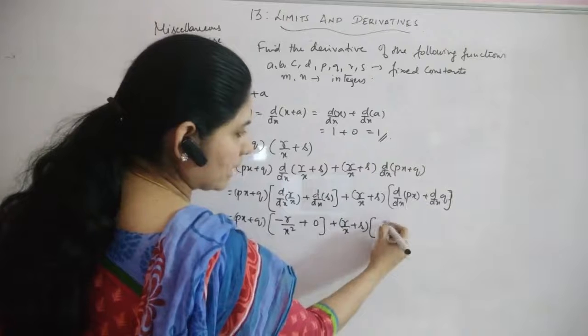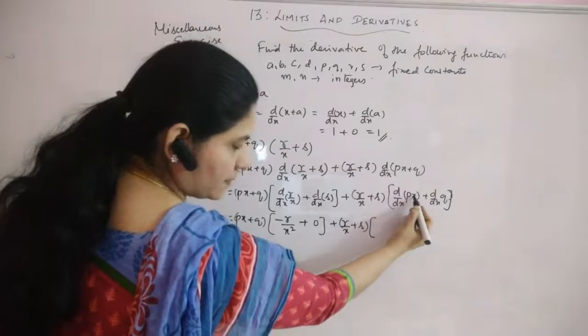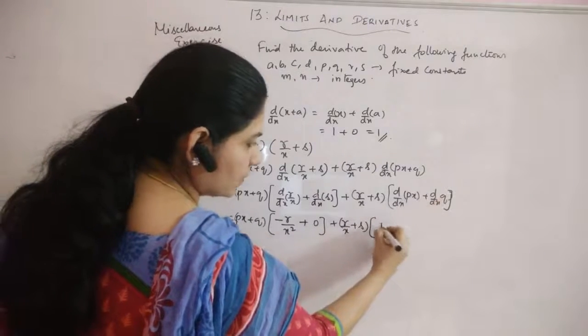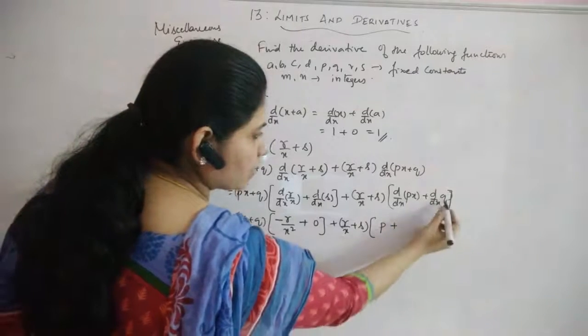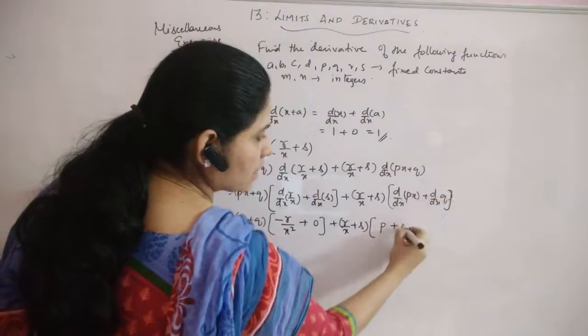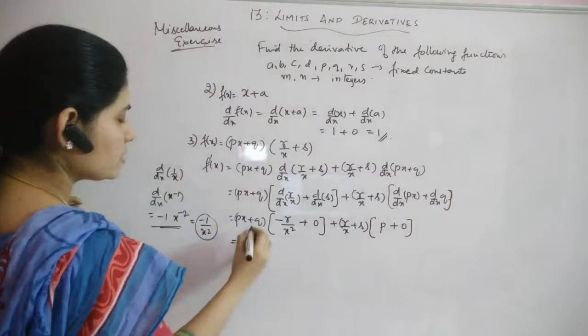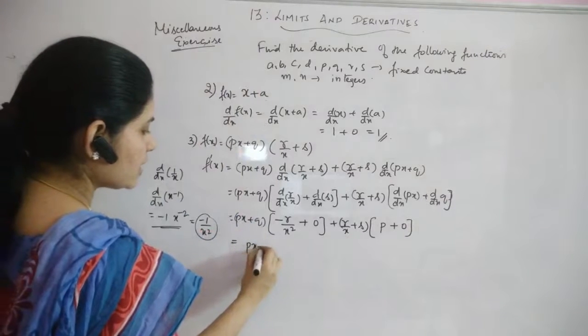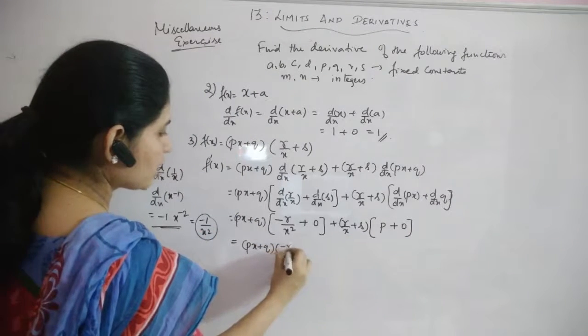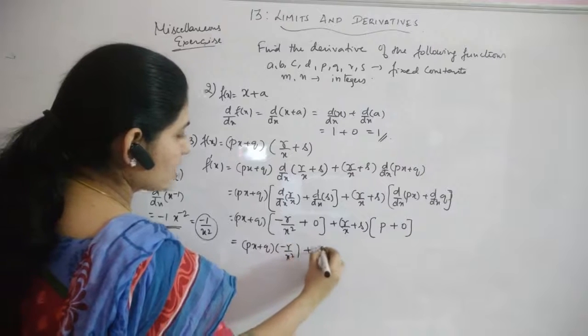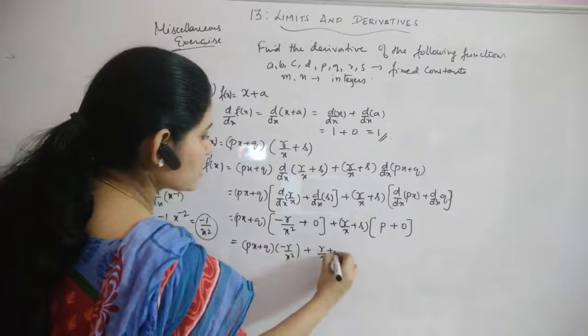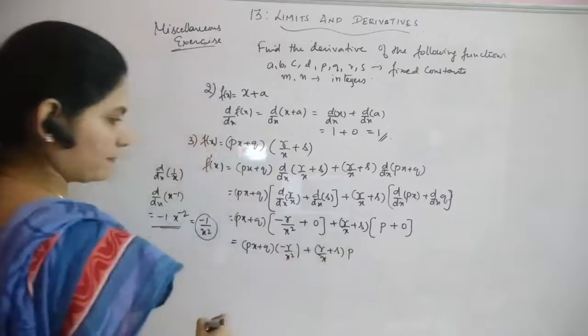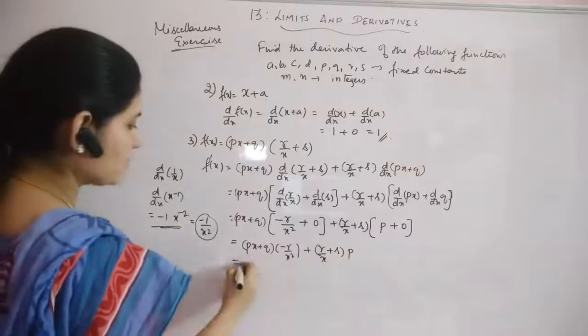plus r by x plus s into, again p can be taken out, this will become d by dx of x, which is 1. So p into 1 gives you p, plus the derivative of the constant q, which is 0. So in total you are getting px plus q into minus r by x square plus r by x plus s into p. Now if you want, you can multiply them, the simplification part.